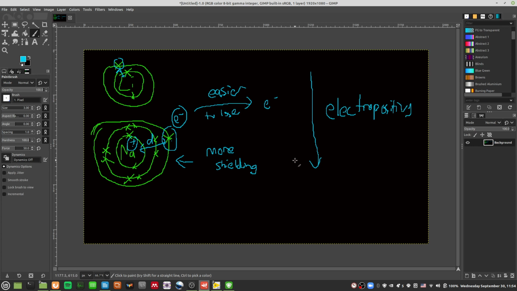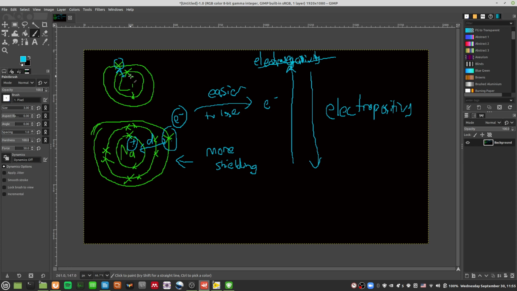Of course, if you want to keep using the electronegativity nomenclature, the way of naming things, sure.